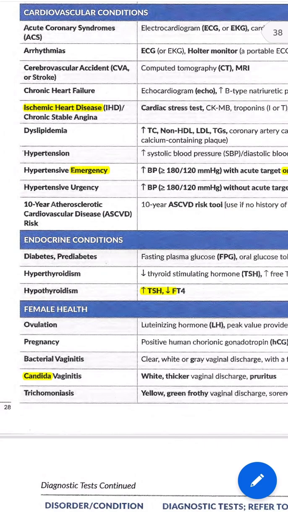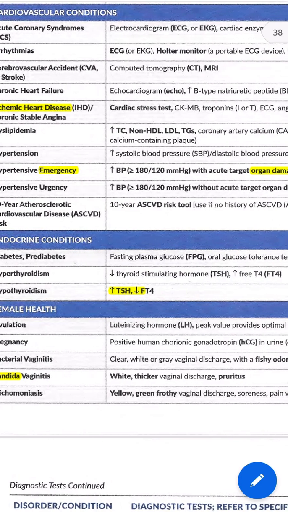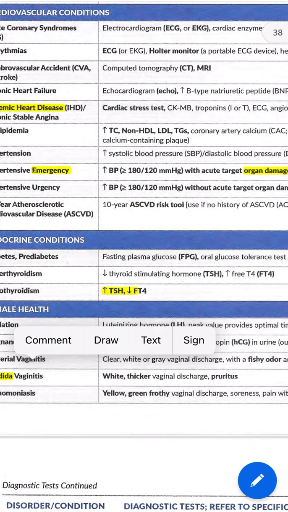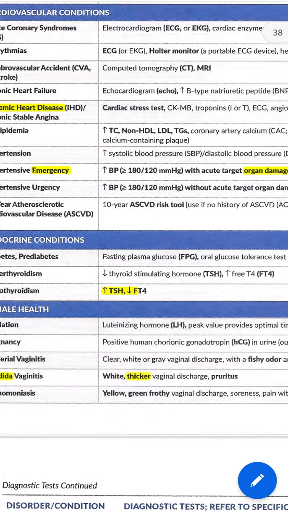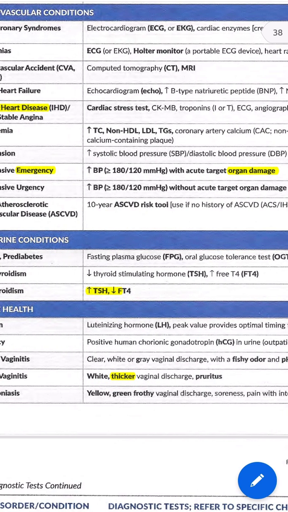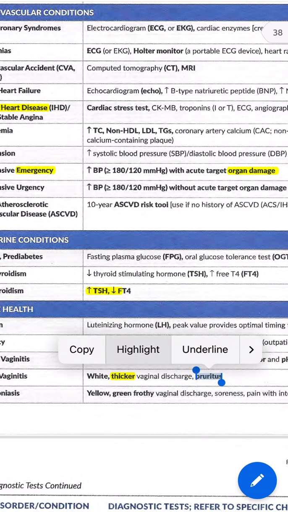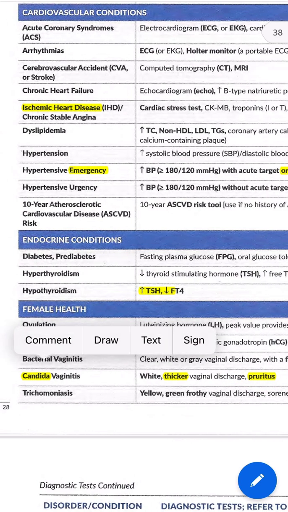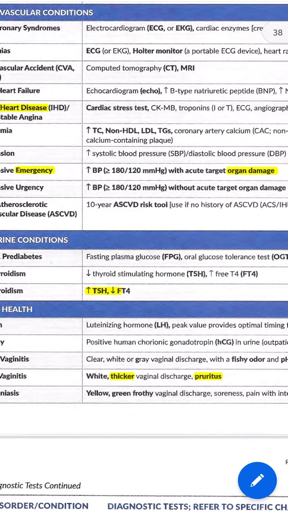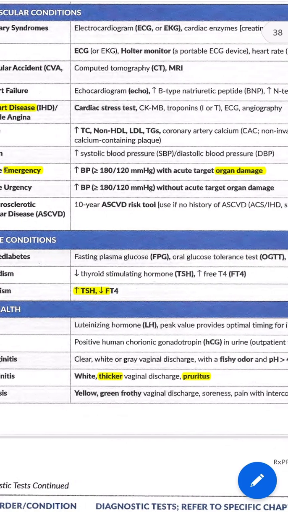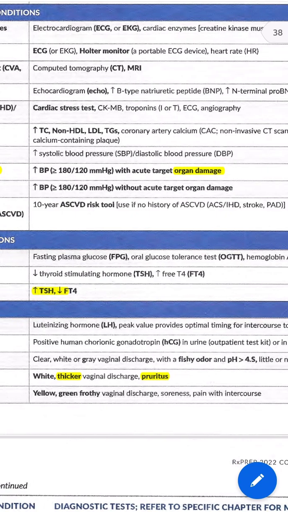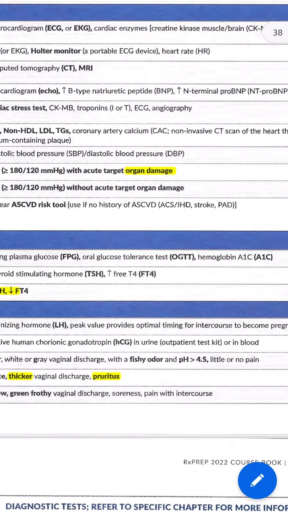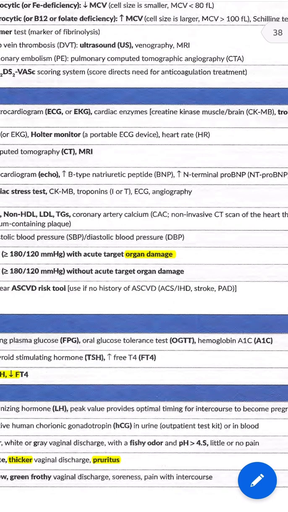Candida is a fungal infection in the vagina, so you'll see thicker vaginal discharge and you will feel itchy. Trichomonas: you will see yellow-green, frothy vaginal discharge, soreness, and pain with intercourse.